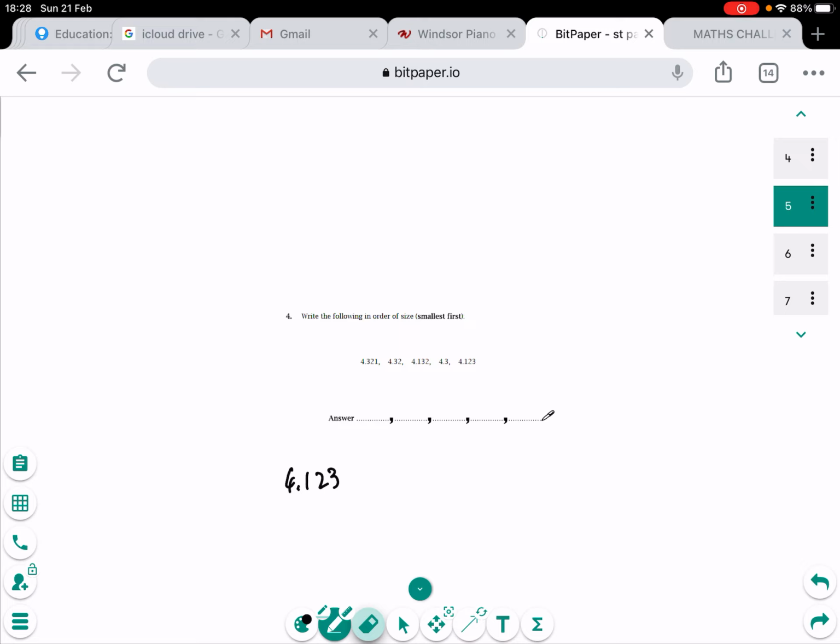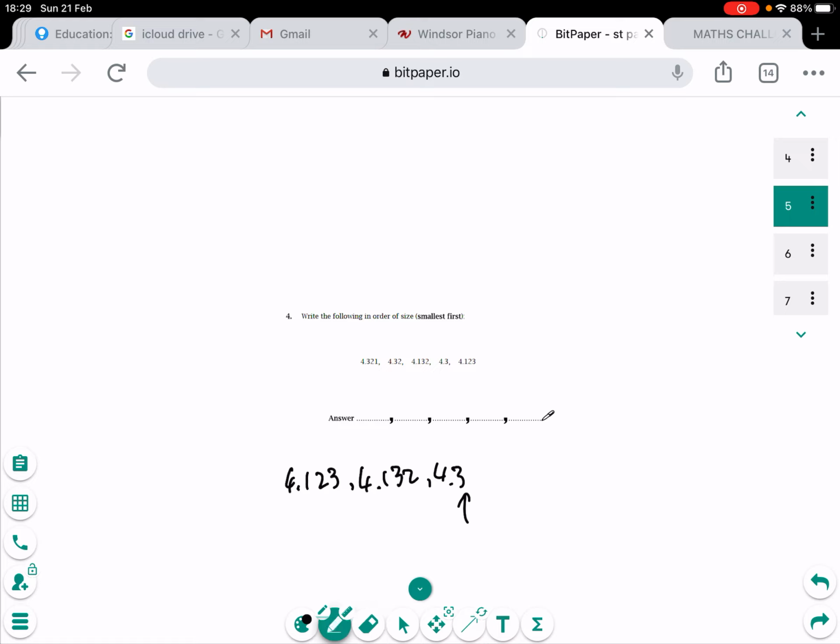Then the next is 4.132, because that also has 1, but has 3 on that digit, but that's still a lot smaller than the rest. And then it's 4.3, which has 3 here, but nothing here, so that makes it smaller than 4.321 and 4.32.